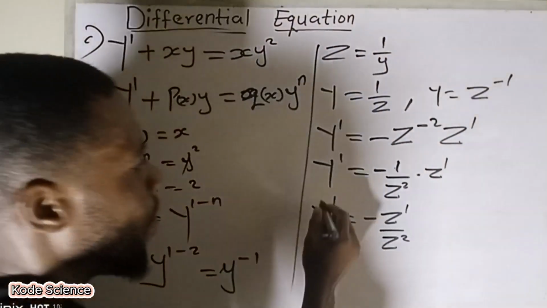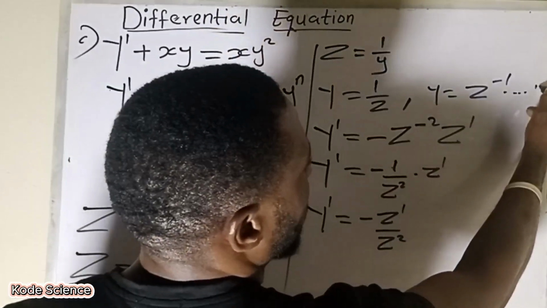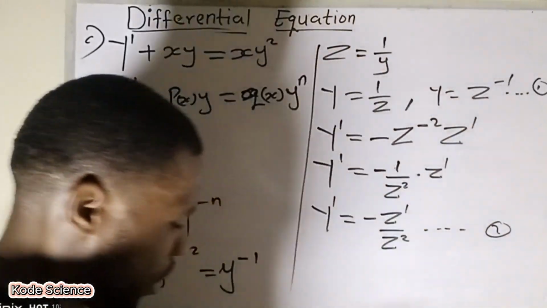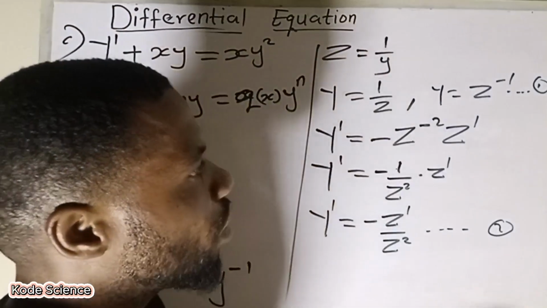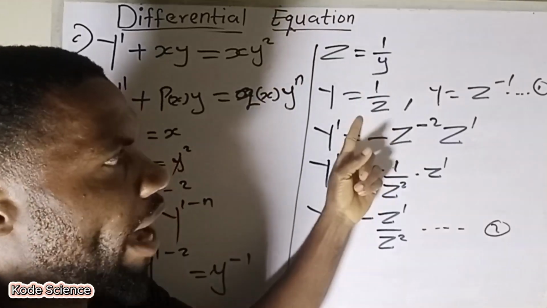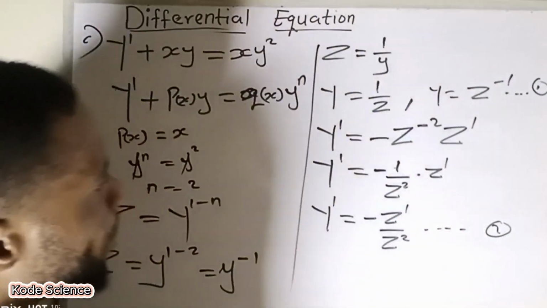So at this moment, we have two equations. Let's keep the first one as equation one and the second as equation two. Wherever we see our y, we are going to substitute it with 1 over z, and wherever we see our y prime, we are going to substitute it with this. So let's go back to our equation.